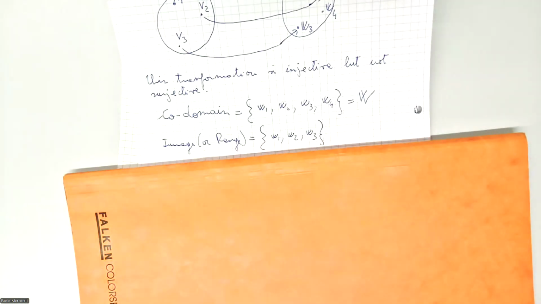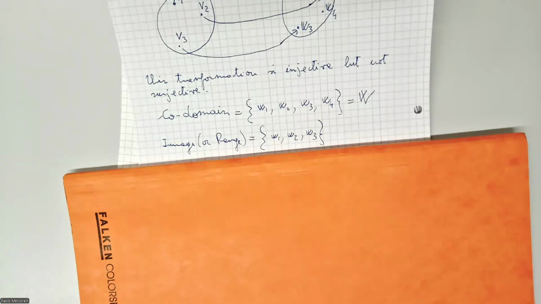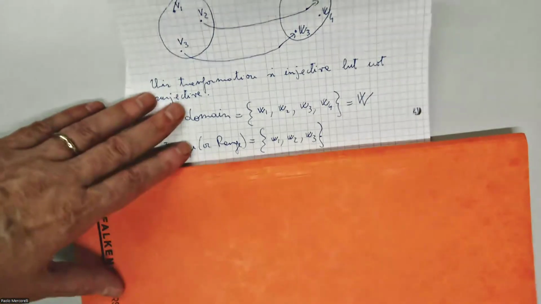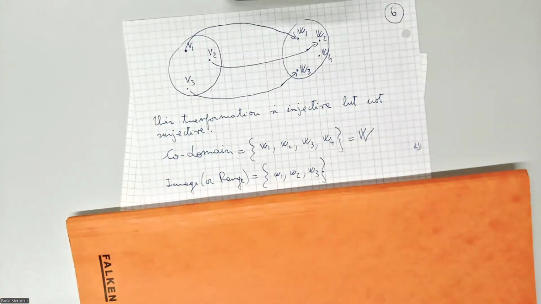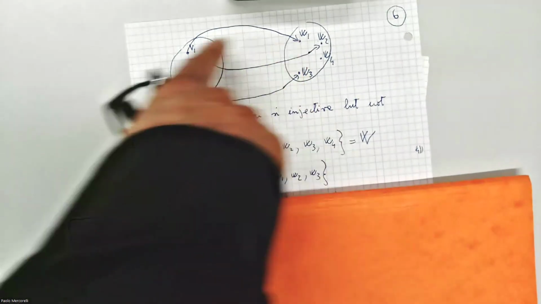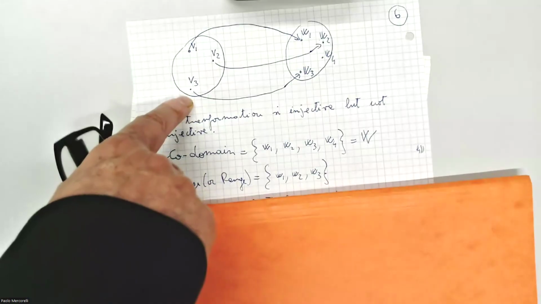To sum up everything, the codomain consists of W1, W2, W3, W4. This is the codomain of the function, or the transformation. But the image, in some books you can find range, which is not necessarily the codomain, consists of just three elements: the elements which have a correspondence in X. Y1 at this one, Y2 at this one, and Y3 at this one.